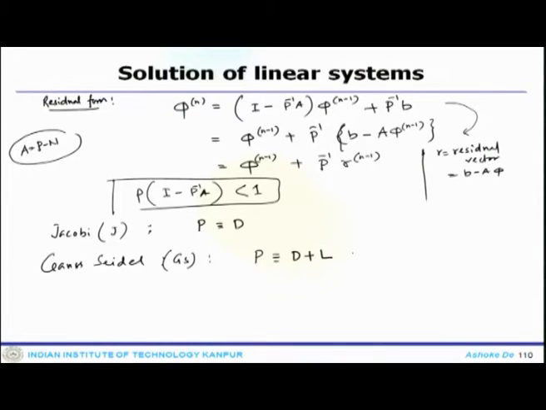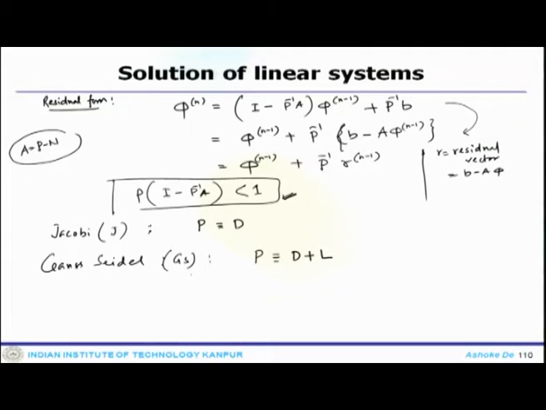So, essentially what one can say is that preconditioning is a manipulation of the original system to improve its spectral radius, as we have seen with the help of this preconditioning matrix P used for the associated iterative process. One can develop different kinds of preconditioning matrices in which the coefficients are quite complex.